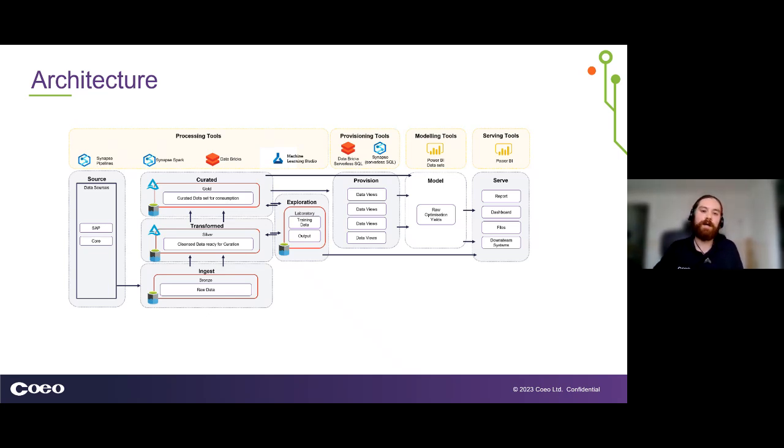With that, we get the output allocation, which we send back and it feeds into one of the client systems. But we also have a few Power BI reports that sit over the top of it.